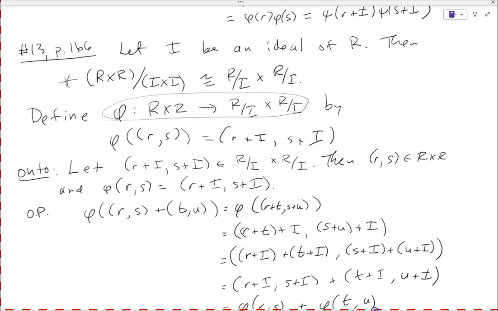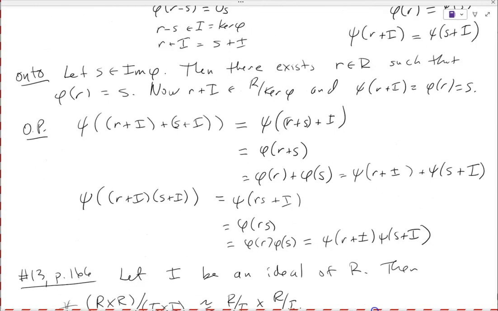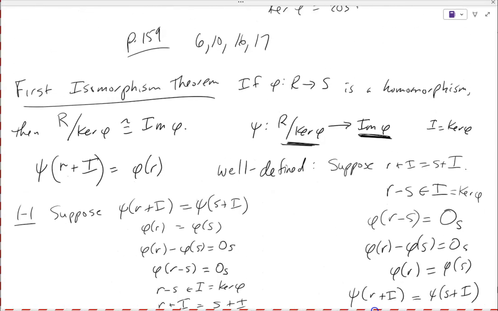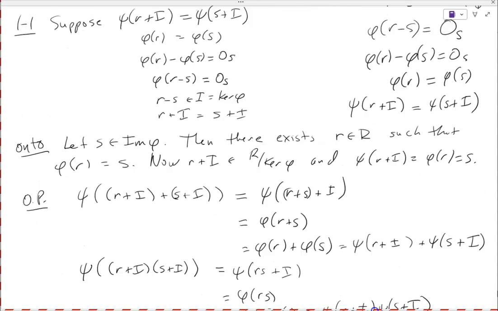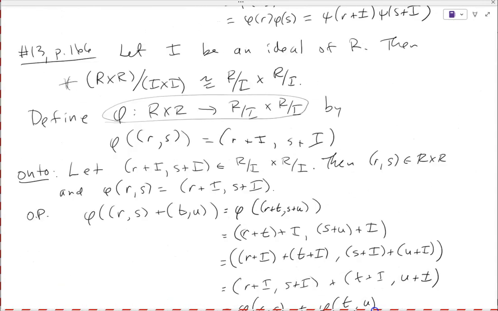The ideal cross the ideal. That's what we want the kernel to be, right? Because remember, the first isomorphism theorem says that R mod the kernel is isomorphic to the image, right? We showed that this function is onto, so this is the image.